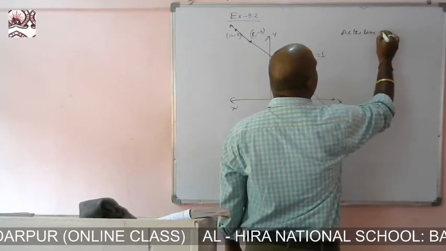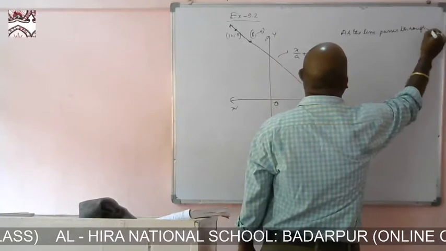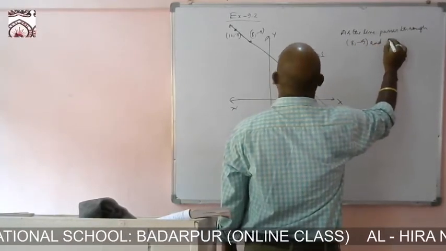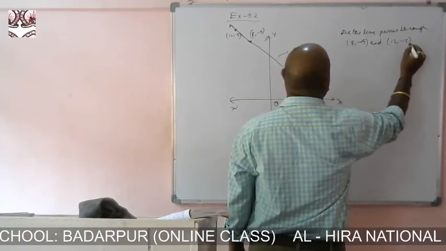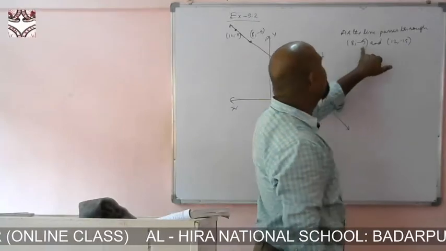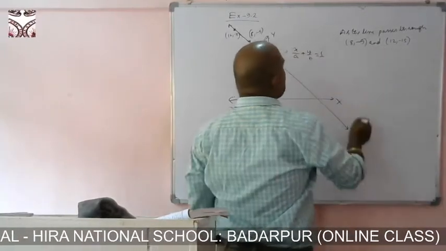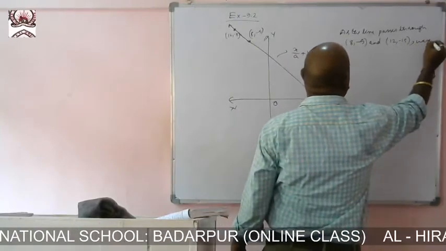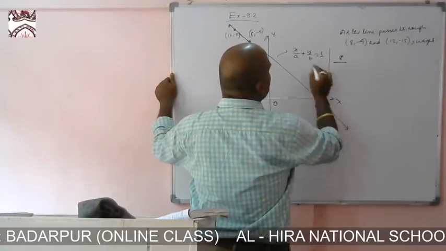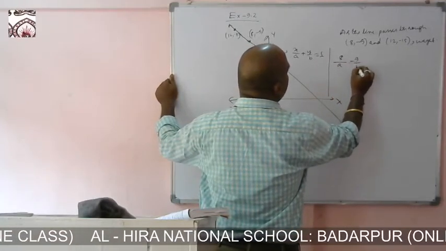As the line passes through (8, -9) and (12, -15), we get, putting the value of x, 8 by a plus minus 9 by b equal to 1.